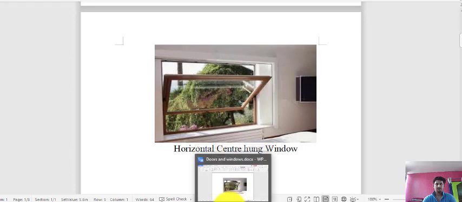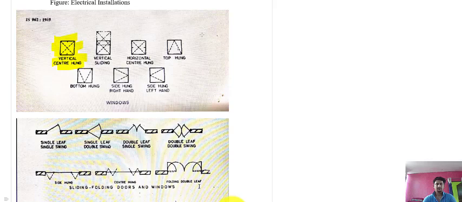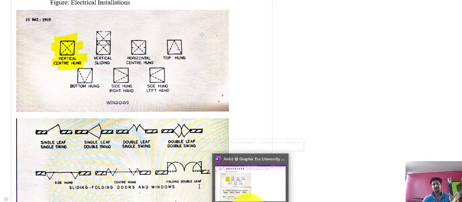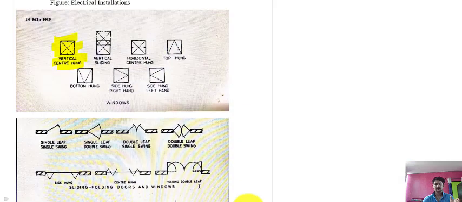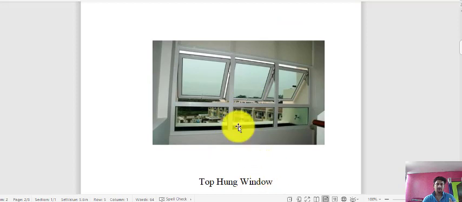Now the other one is the top hung window. It will be hanging from the top, you can see that. The window is hanging from the upward side.